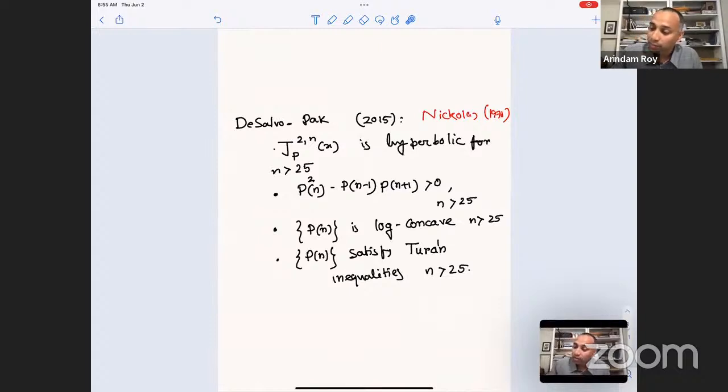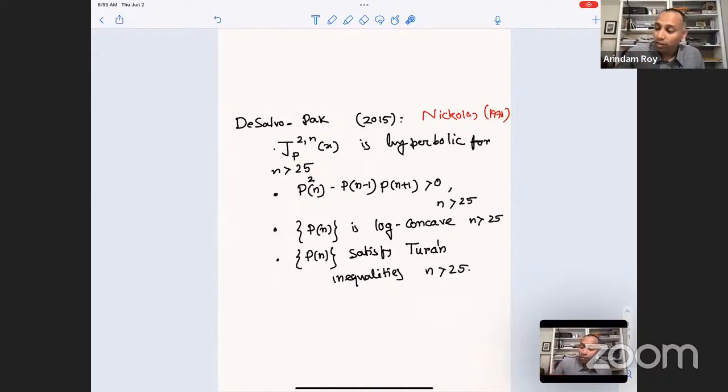One thing I want to mention: before Dissel and Pack proved that, there was a conjecture around the same time by W.C. Chen, looking at the numerics. I think they did prove this is true for large n, and they conjectured that for all n bigger than 25, it is hyperbolic.